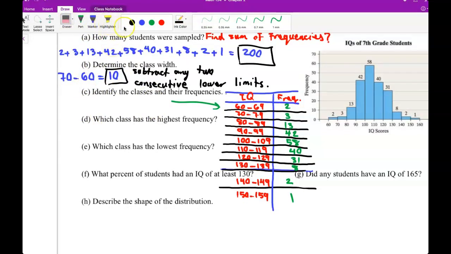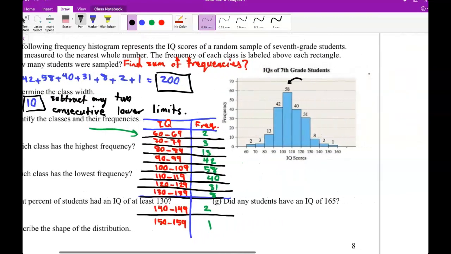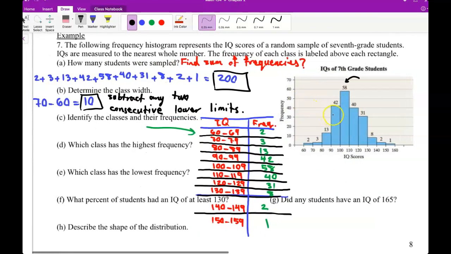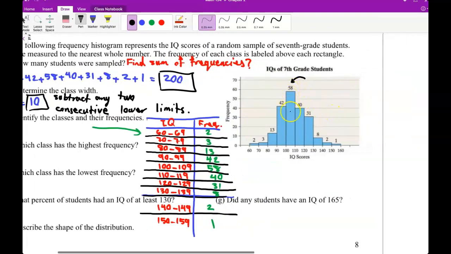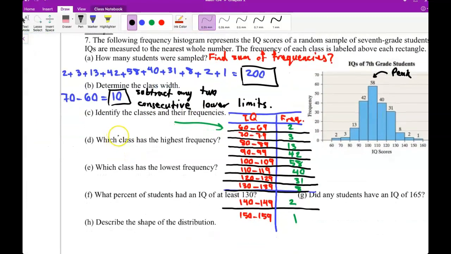And then part D, which class has the highest frequency? So the one that has the highest frequency is this one in between. Obviously this one is bell-shaped because the highest one is in the middle. Since it's asking which class, it's the class 100 to 109, which is this one.